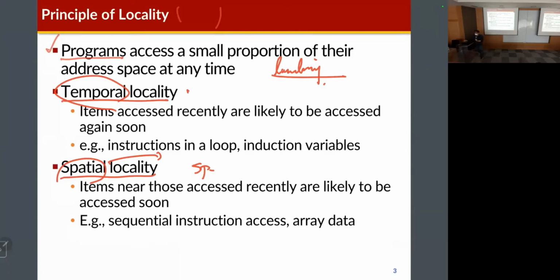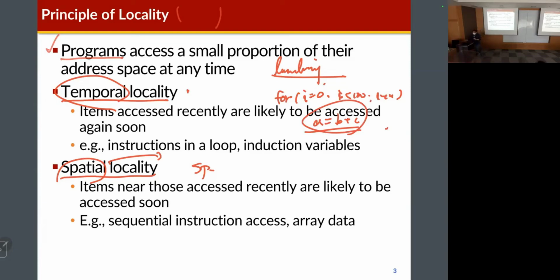For example, if we use an iteration loop, for i equals 0, i is less than 100, i plus plus, and then a equals b plus c. If we see this example, then we already know that this statement is repeatedly executed in our computer system.